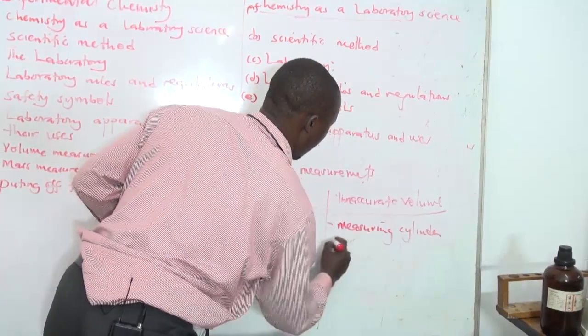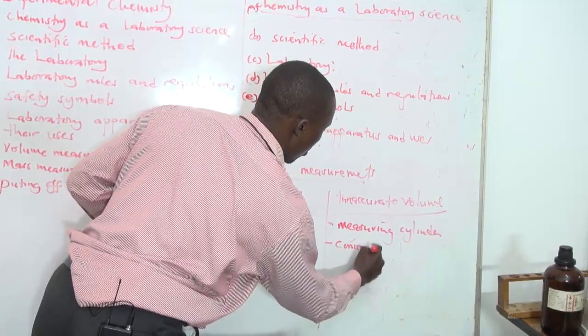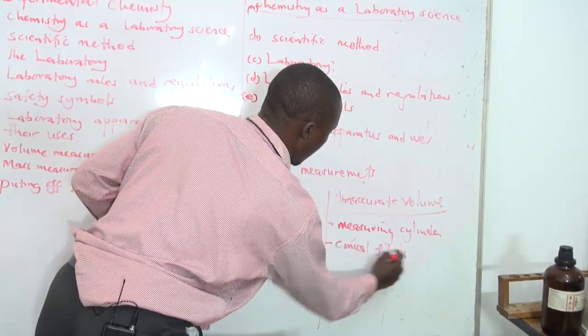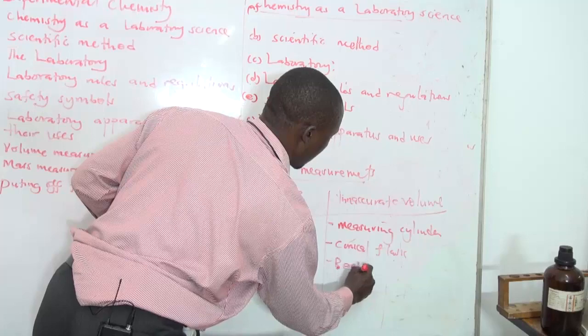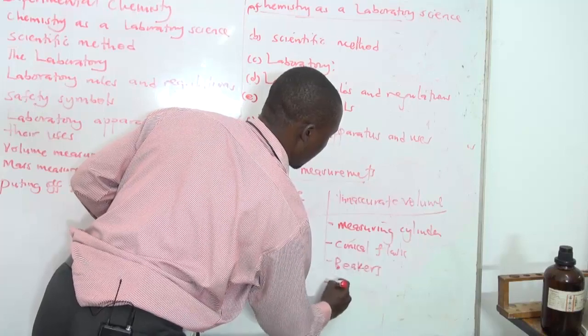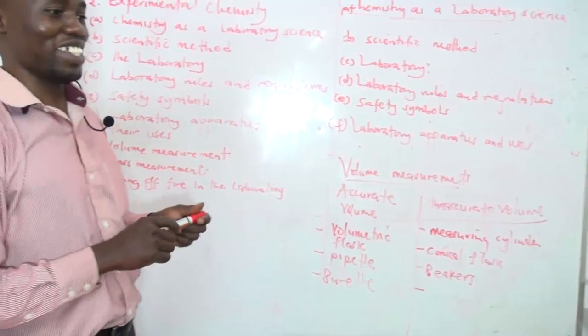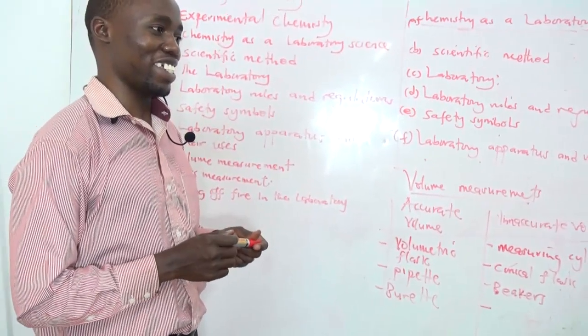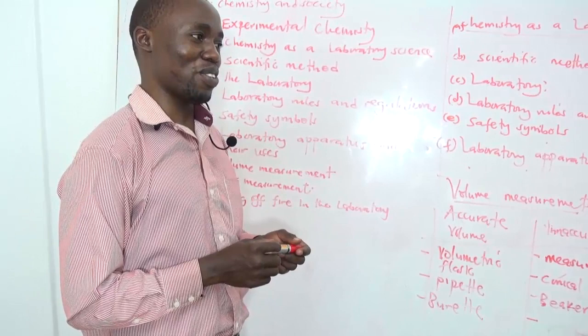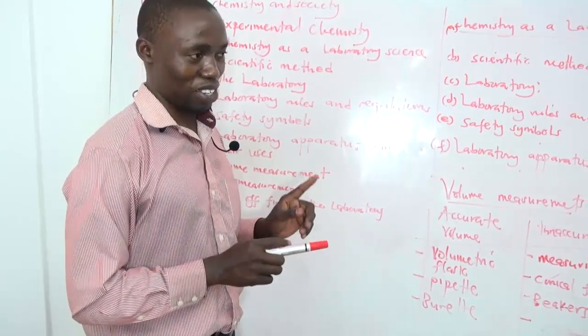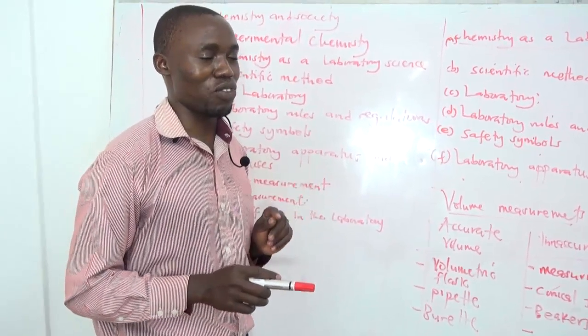What else? Conical flask, beakers, and what else? Are you sure? Yes. Let us hold the dropper.